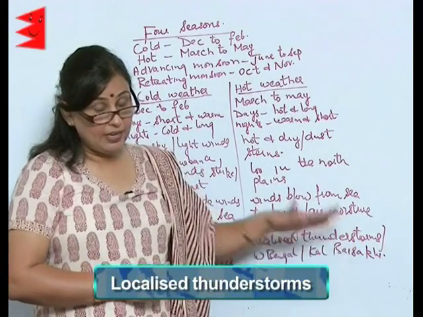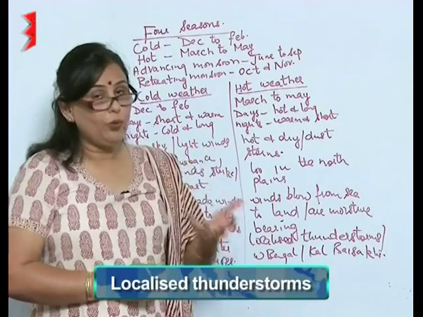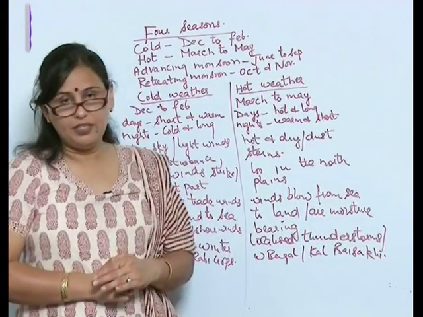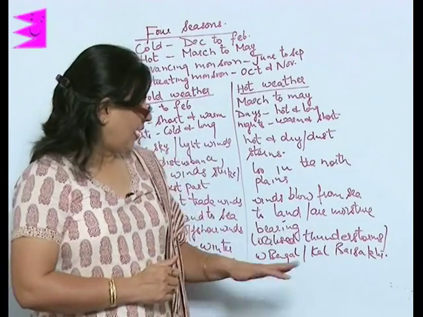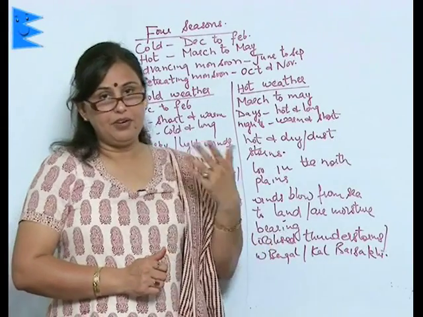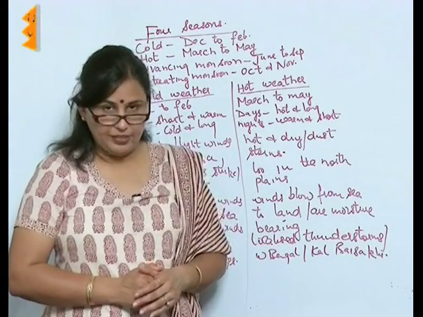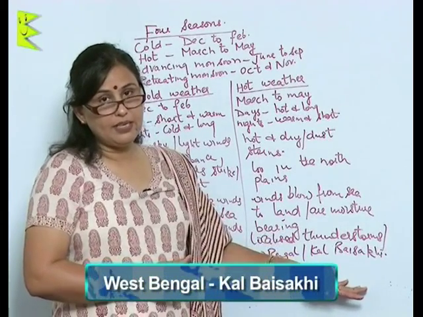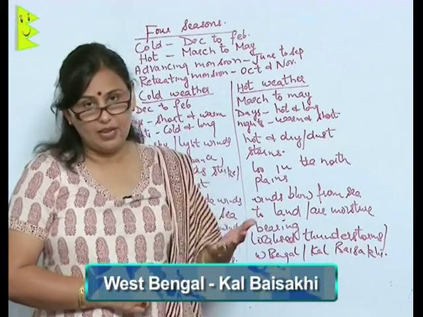These localized thunderstorms do give some relief, but not the much required one. And in various regions they are given different names. In West Bengal they are called Kal Baisakhi because they occur in the month of Baisakh.